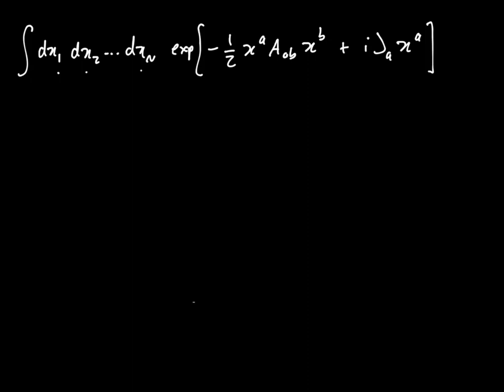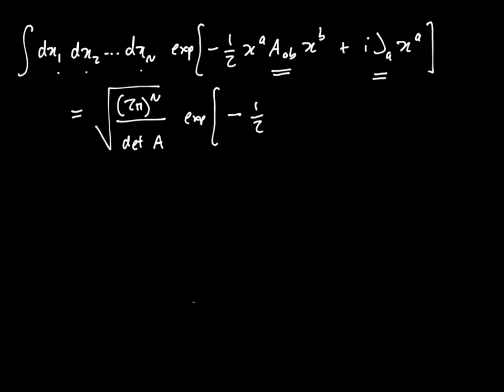All right. And here there's a matrix A and a linear term J. And you can show straightforwardly that the following thing turns out to be this. Determinant of A times the exponential of minus half J_a, A inverse_ab, J_b. Okay.